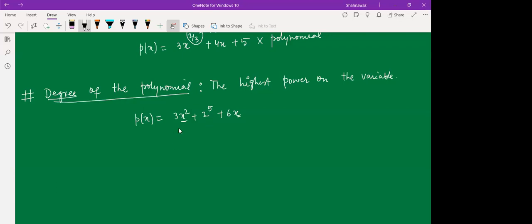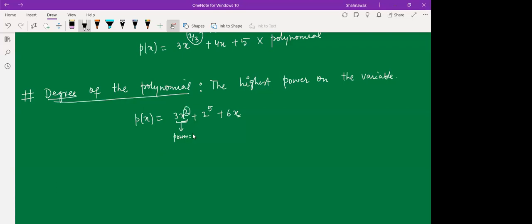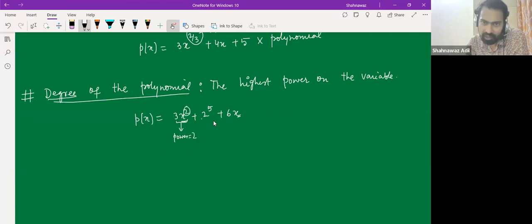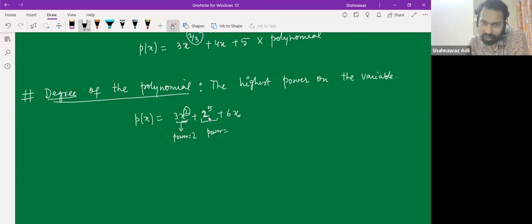Yes. So what is the power of the variable in this term? 2. So the power is 2, right? And in this term, what is the power on the variable? 5? No, 2 is not a variable, right?